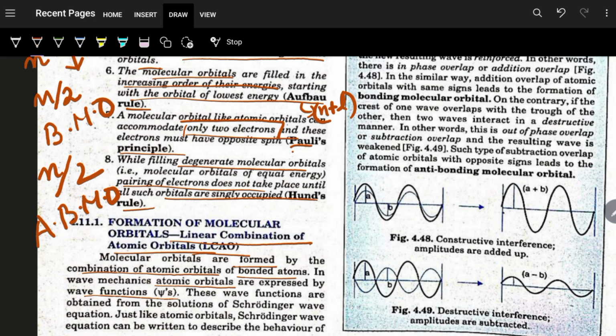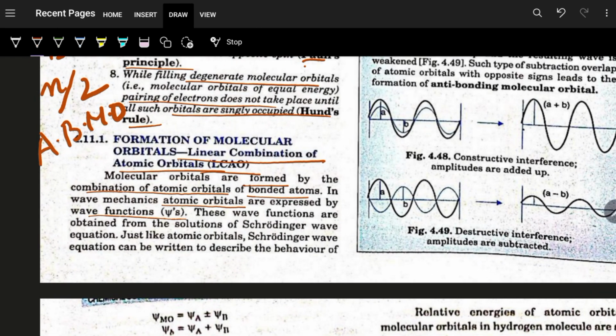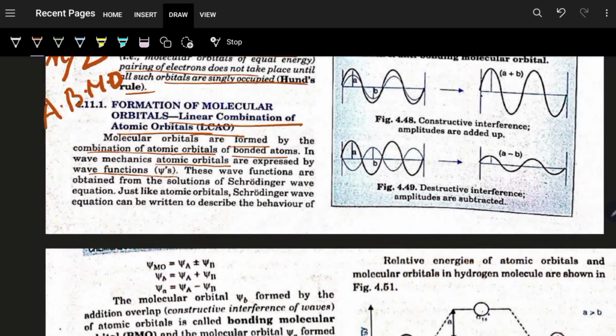While filling degenerate molecular orbitals, you have to keep in mind that pairing will not take place until all are singly occupied. That is Hund's rule. So whatever was the rule for filling of electrons in atomic orbitals, it remains the same for molecular orbitals.